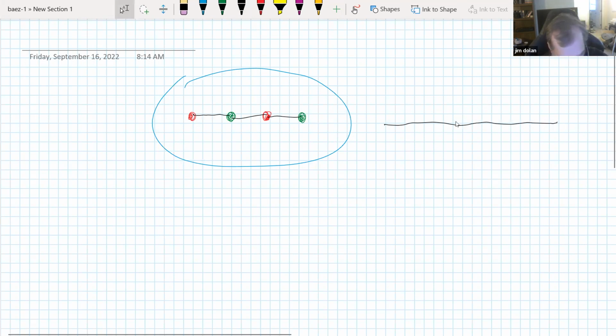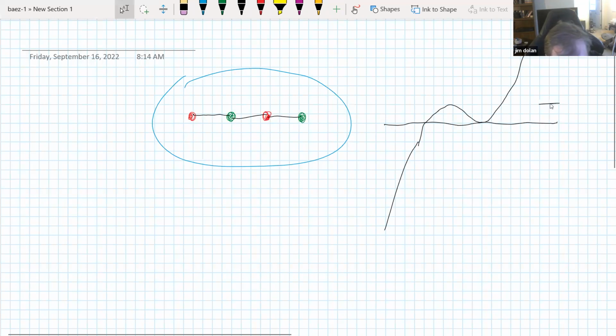This is my x-axis or something like that. I'm going to think something like this: a cubic polynomial that looks like that.